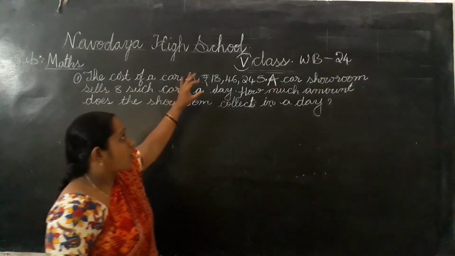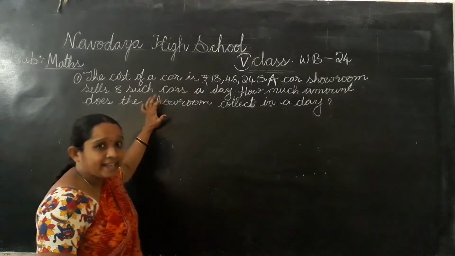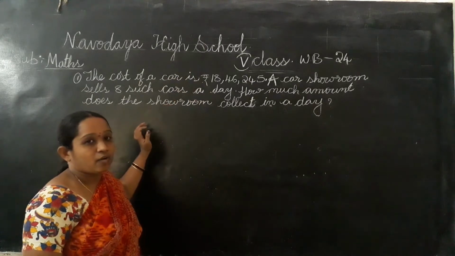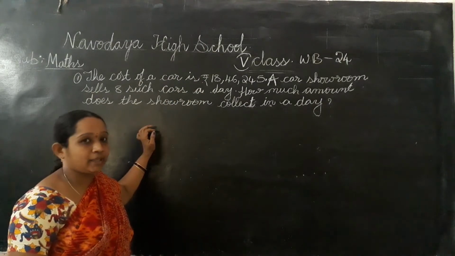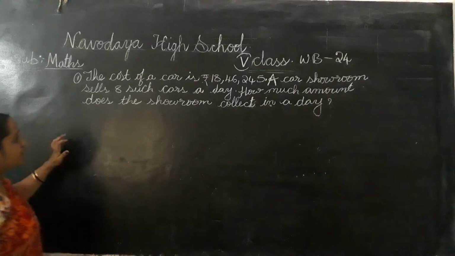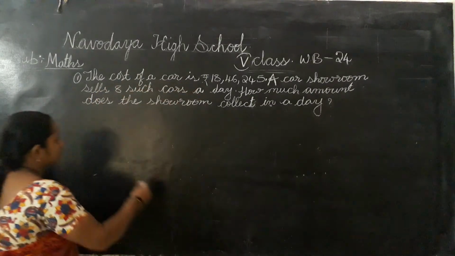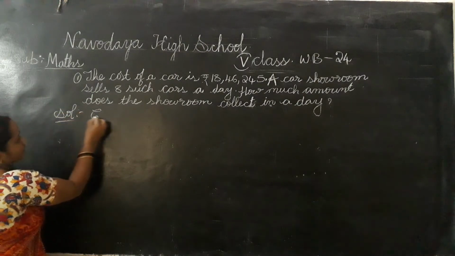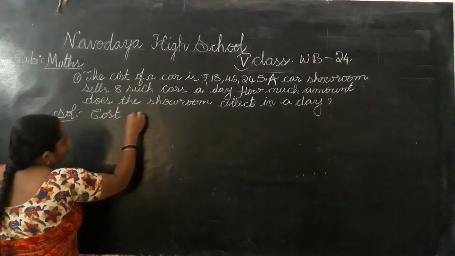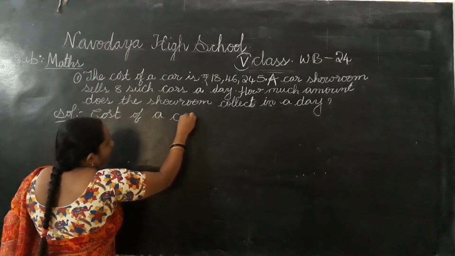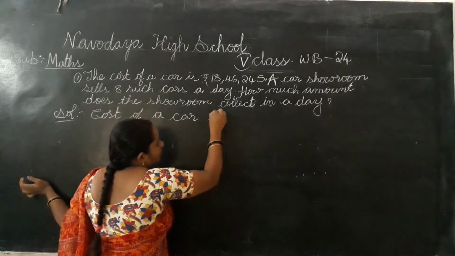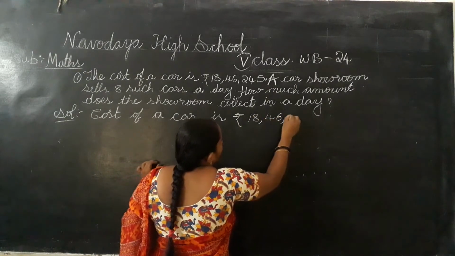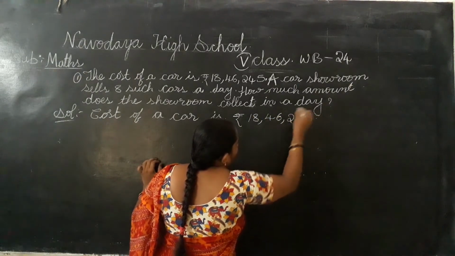They are given 1 car cost and asking 8 cars cost. So they given one thing and asking many. What we have to do here? Multiplication. Write the steps, children. First, cost of a car. How much? Cost of a car is 18,46,245 rupees.